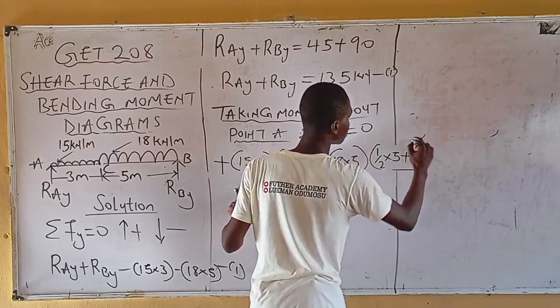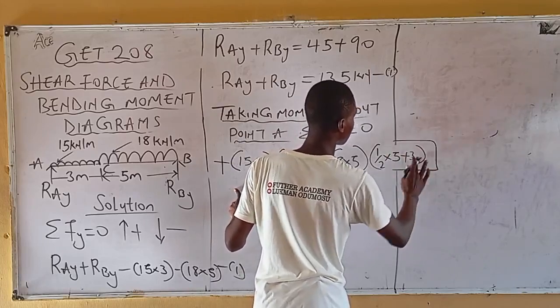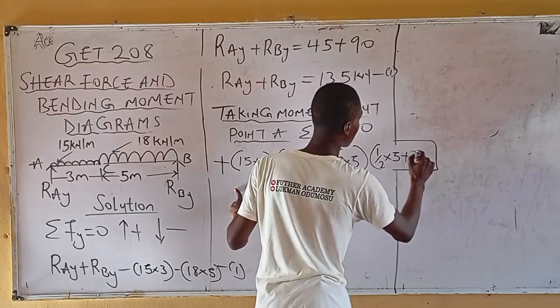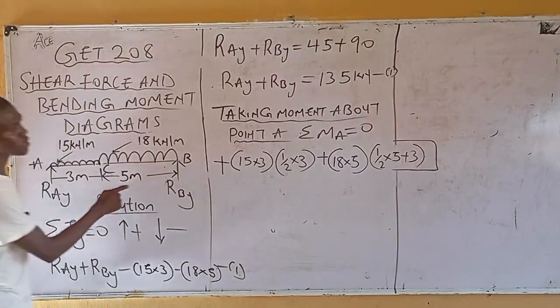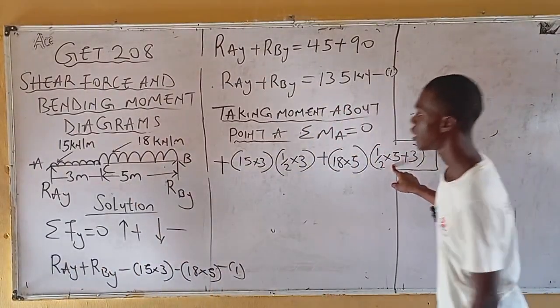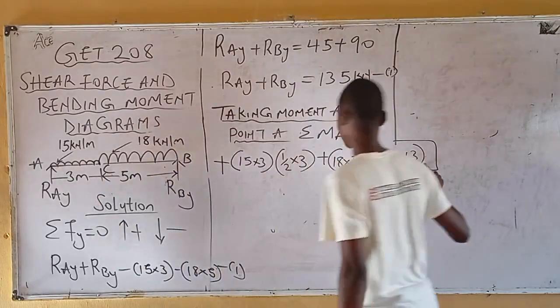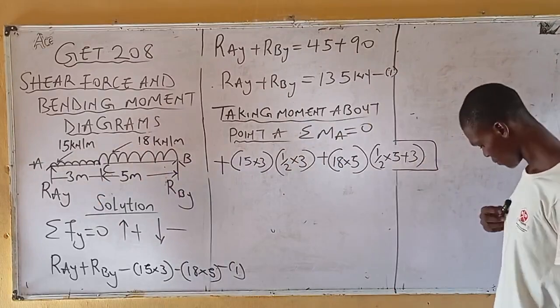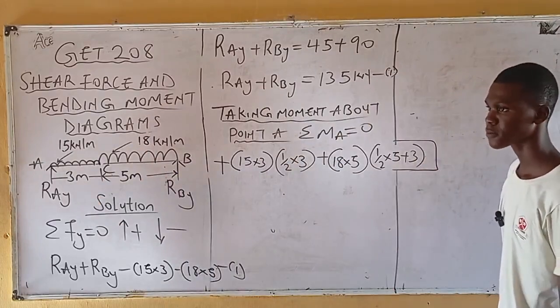Why is it plus 3? This 5, this UDL, this is the distance, 1 over 2 times 5. But I'm taking moment to A. To A, I'm seeing 3, meaning plus 3. Is that all?